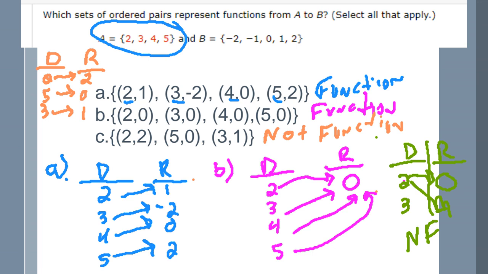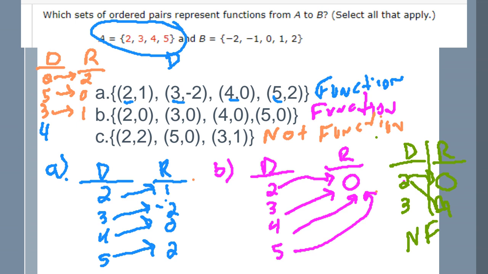The range doesn't matter, but all the values in the domain have to be used. In this example, we're missing the number 4. Since 4 is not being assigned to anything, automatically it's not going to be a function. So again, just remember in the domain, all your values have to be used. In your range, it doesn't matter.